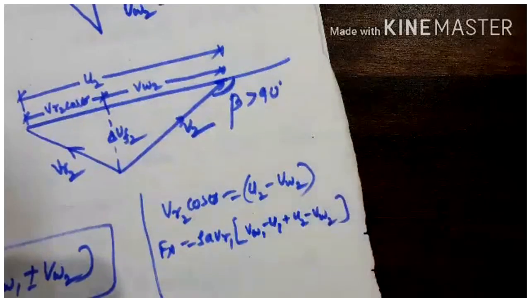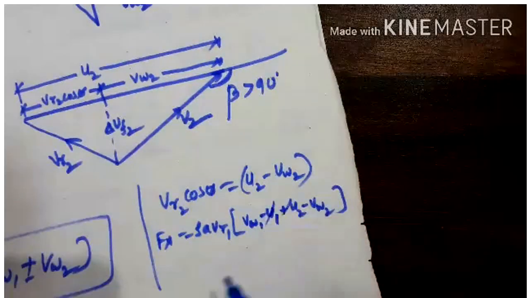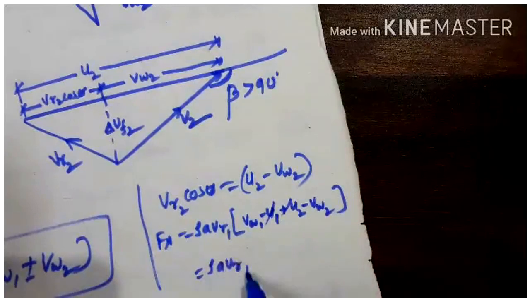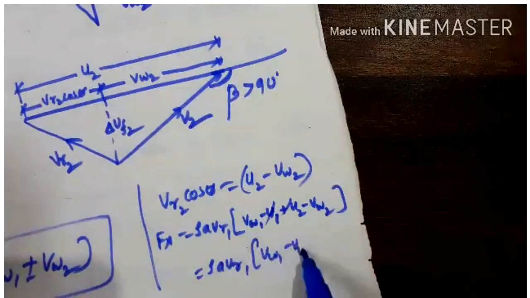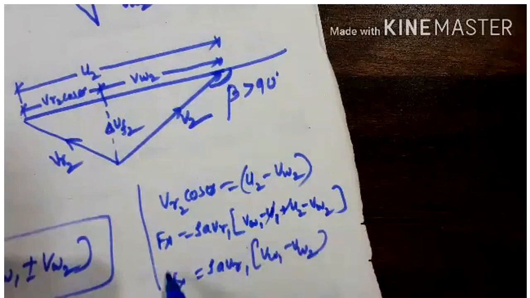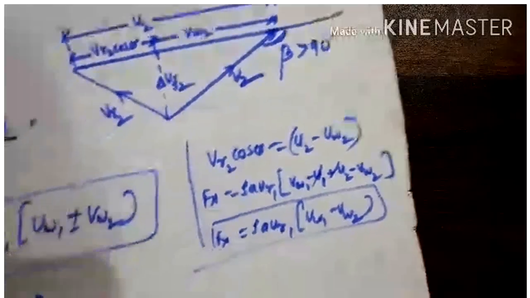Since U1 equals U2, this cancels, and finally you get rho A VR1 into VW1 minus VW2 when beta is more than 90 degrees.